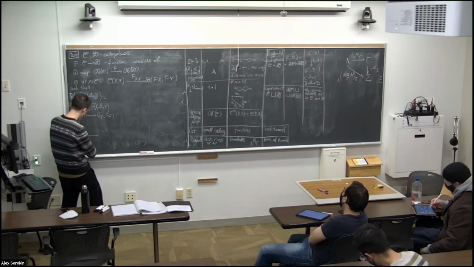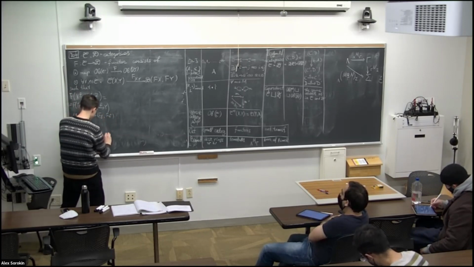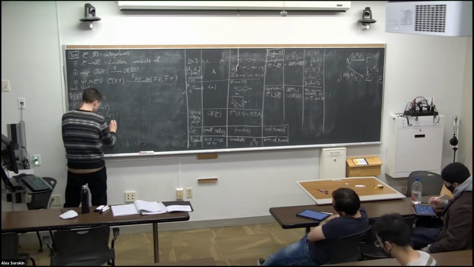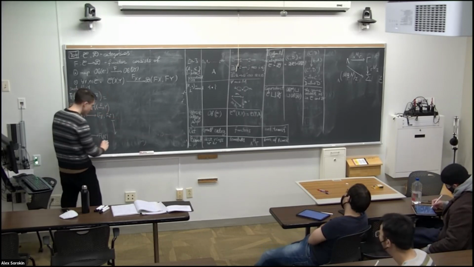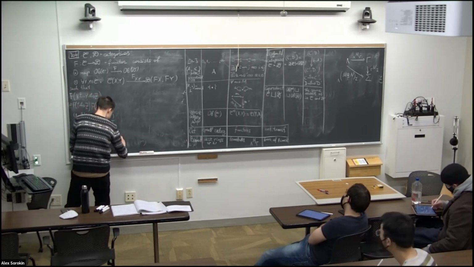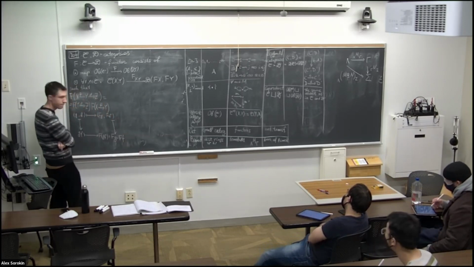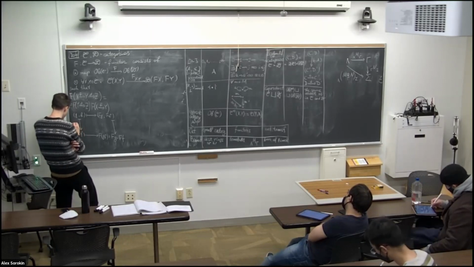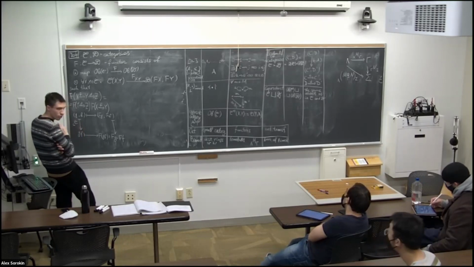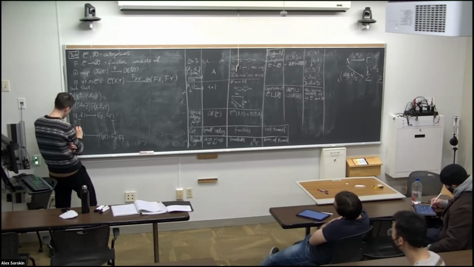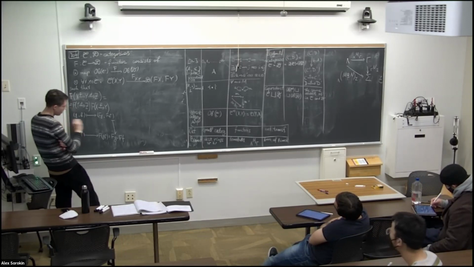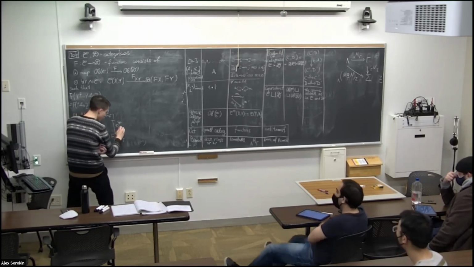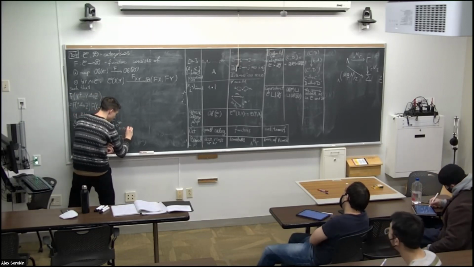Then we take a composition, take the image of the composition, and compare it with the composition of images. Here is the composition in a category C sub X, Y, Z. Here is the composition in the category D sub X, Y, and Z.